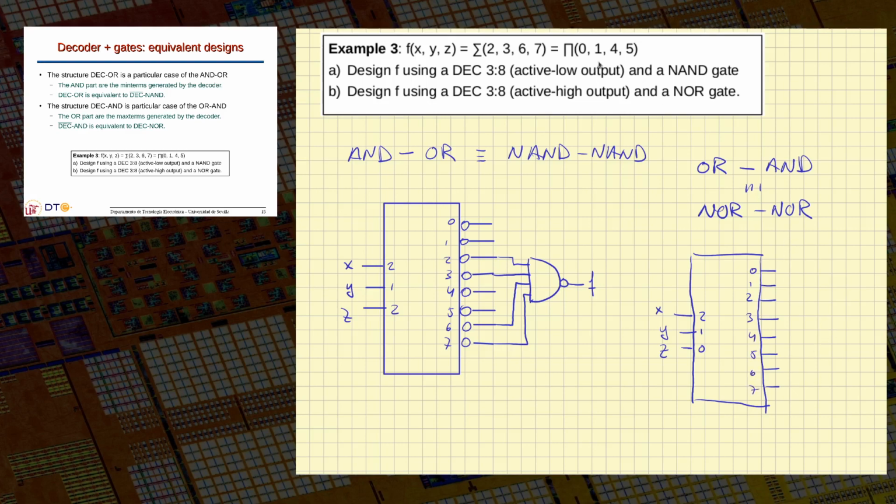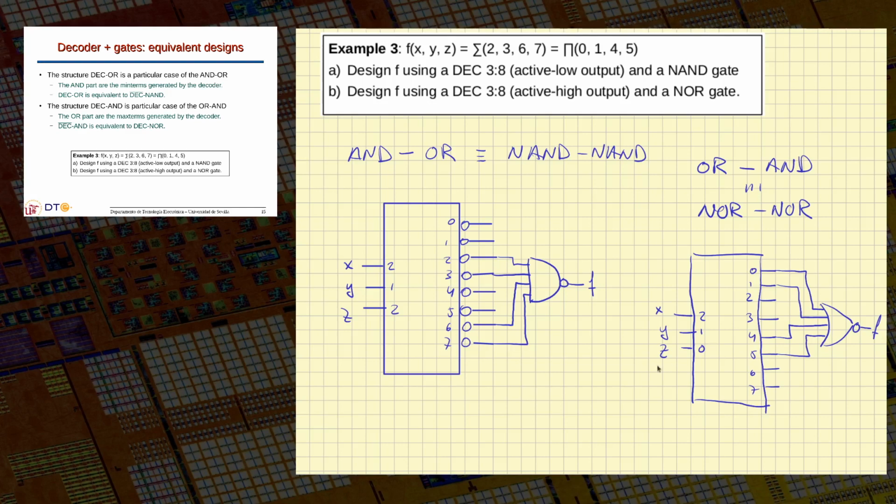So I just take the maxterms 0, 1, 4, 5. Because they are complemented, I will use a NOR instead of an AND. So 0, 1, 4, and 5. Okay, so it will be another implementation of F.